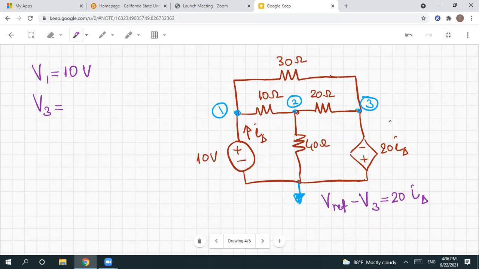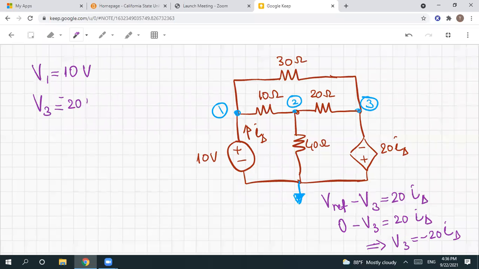Then V reference is 0, minus V3 is equal to 20 I delta. And then V3 is equal to negative 20 I delta. And this is what was in the chat box. So now I know V3.